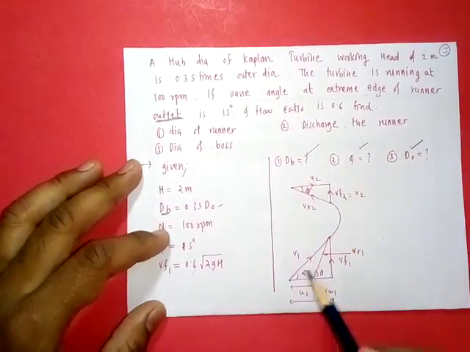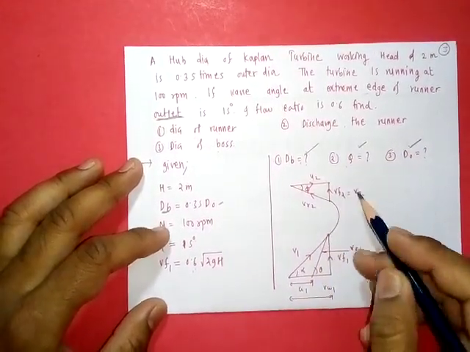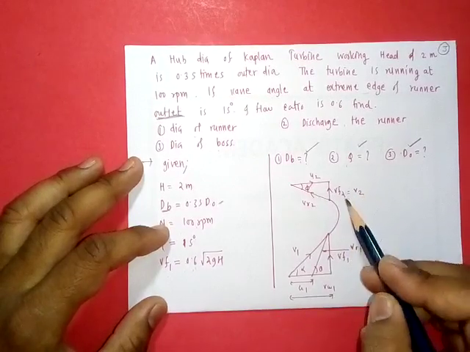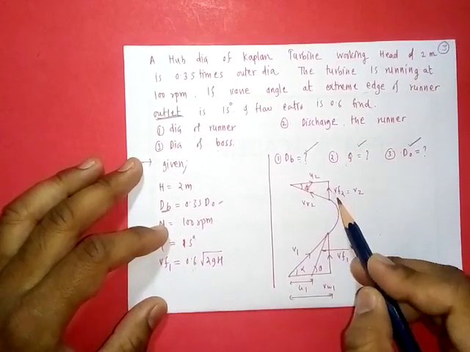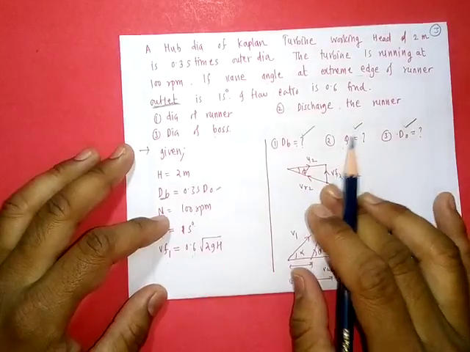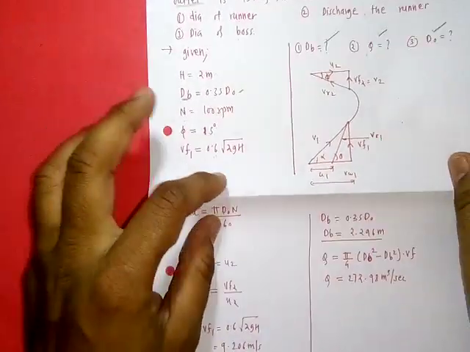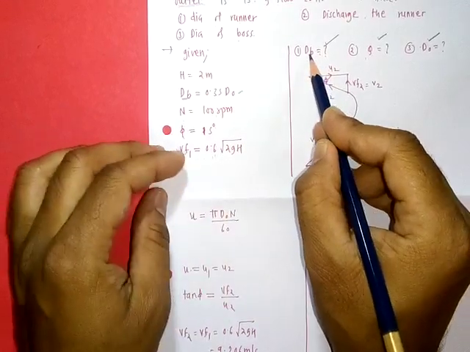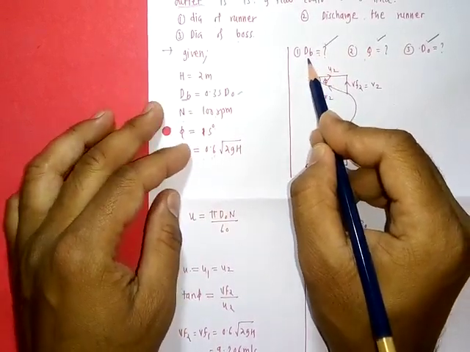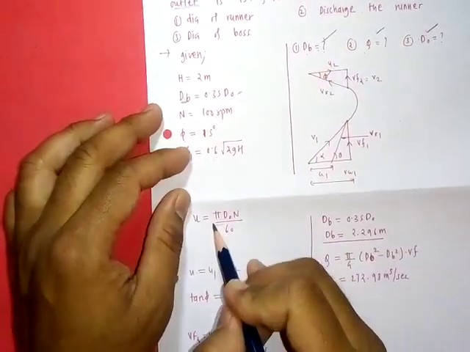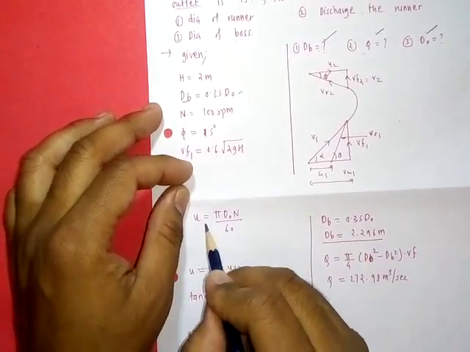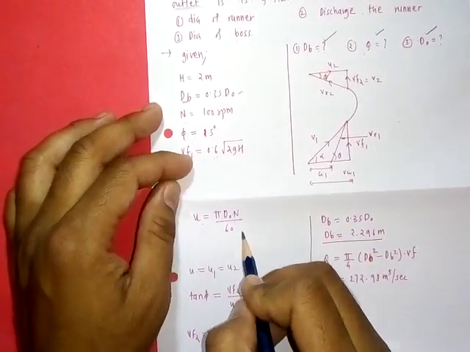Then again draw the velocity triangle. For a Kaplan turbine by default the outlet is radial, so the velocity angle comes to be this. Now we have the relation u is equal to pi do n by 60.